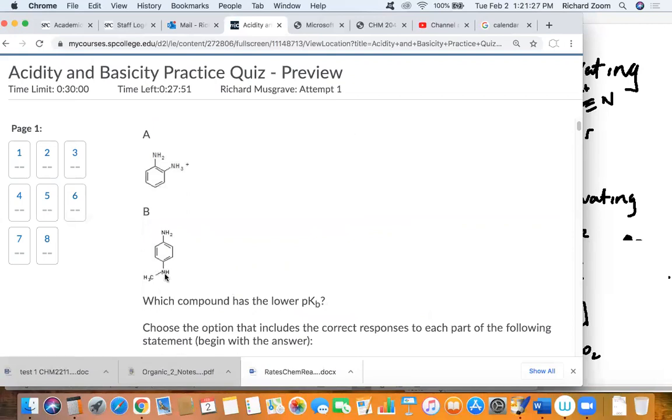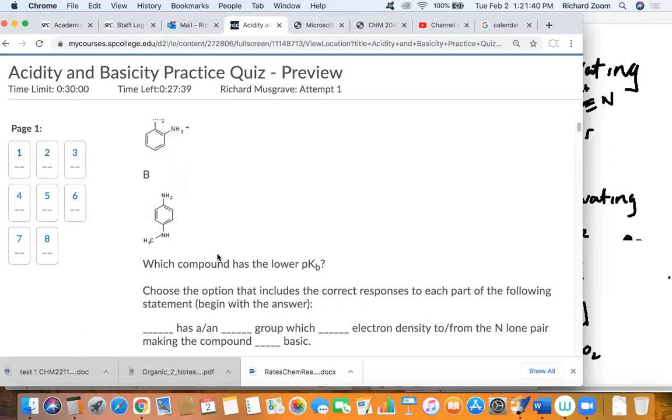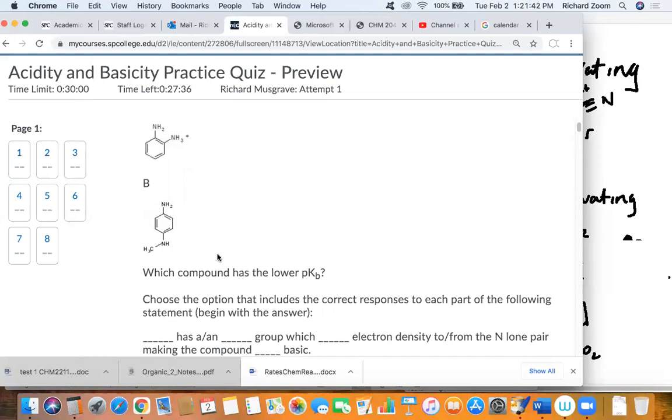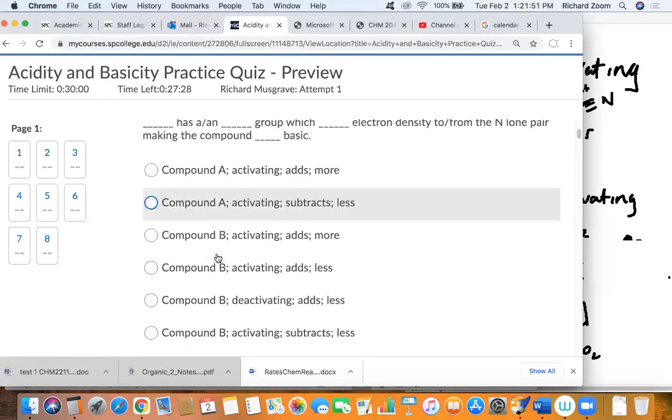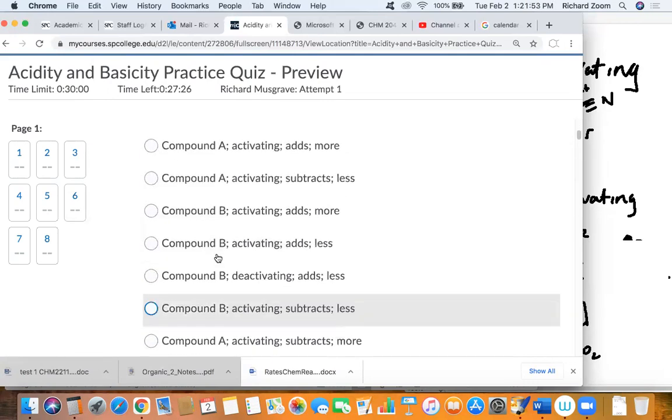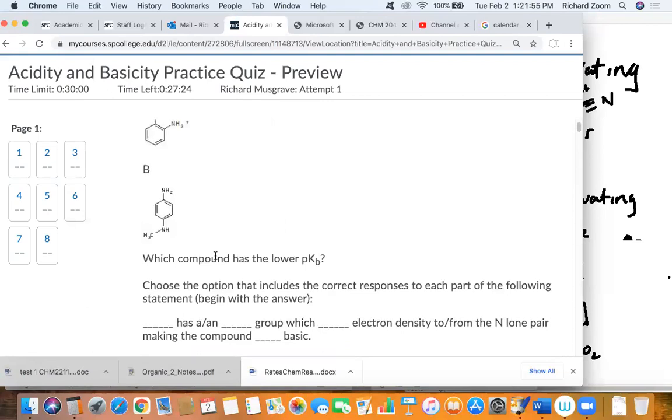That'll be B, because it's pushing electrons into the ring and making that more negative, which enables it to attract the positive charge more. So the answer will be compound B has an activating group which adds electron density to the ring and makes the compound more basic. You'd find the option that matched that particular logic.